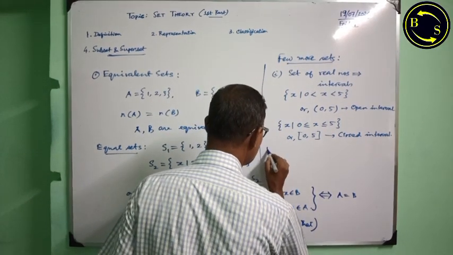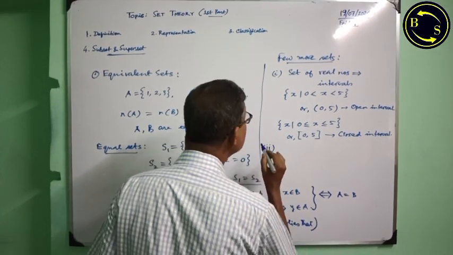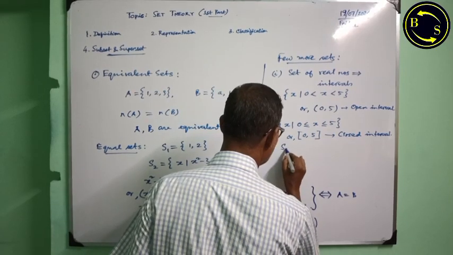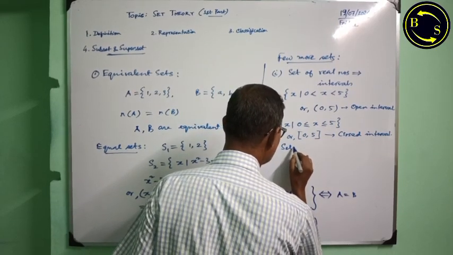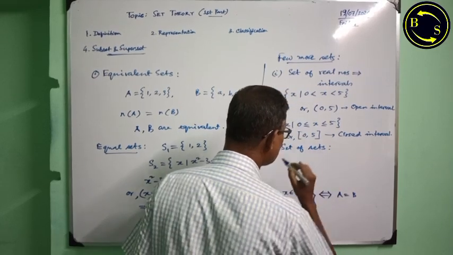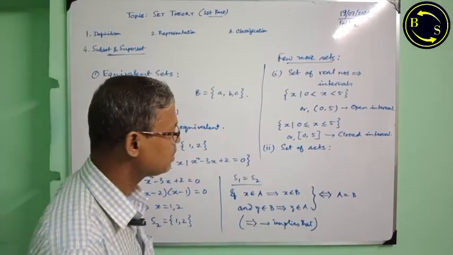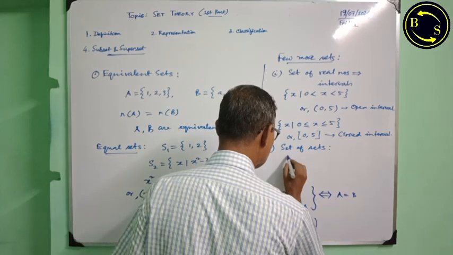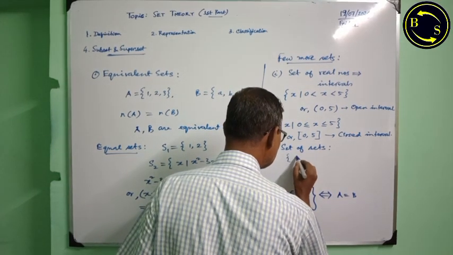Then there is another type of set, a set of sets. Let us take this example.